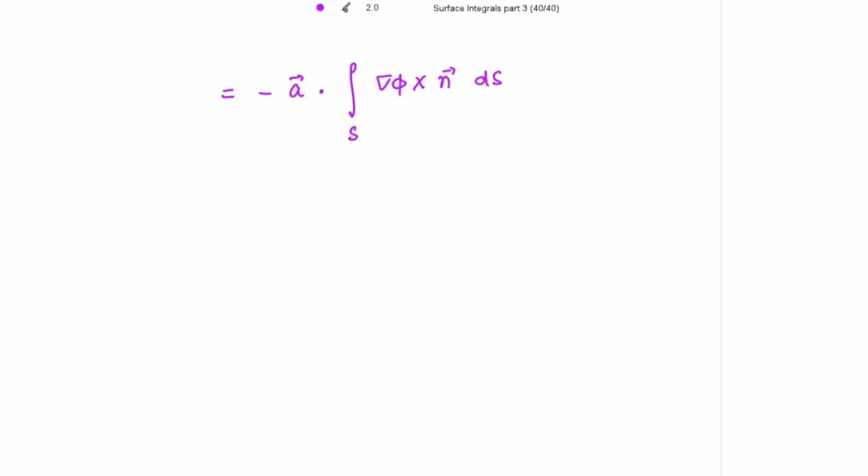This is the result. What is on the left hand side? It is A vector dot product with the line integral over C phi dr vector, and on the right hand side I have minus of A vector dot product with the surface integral.